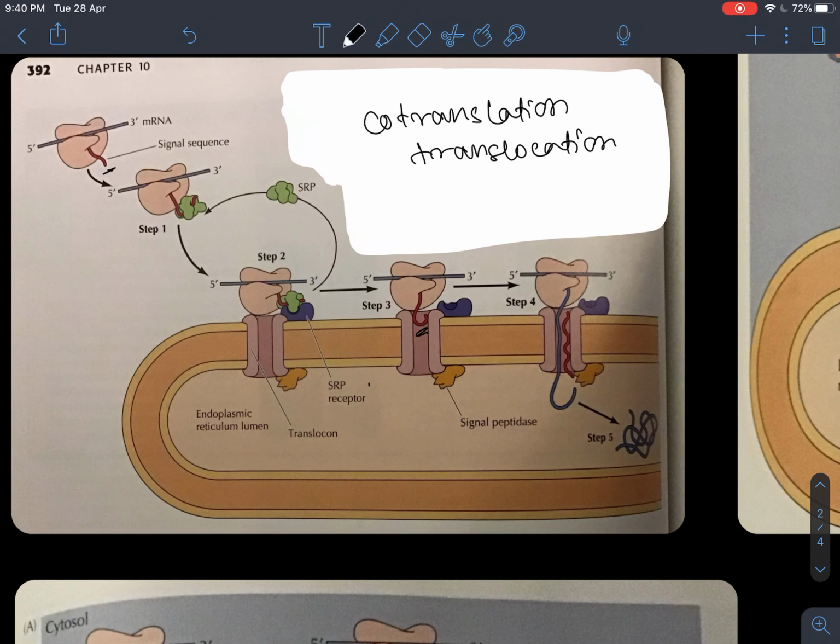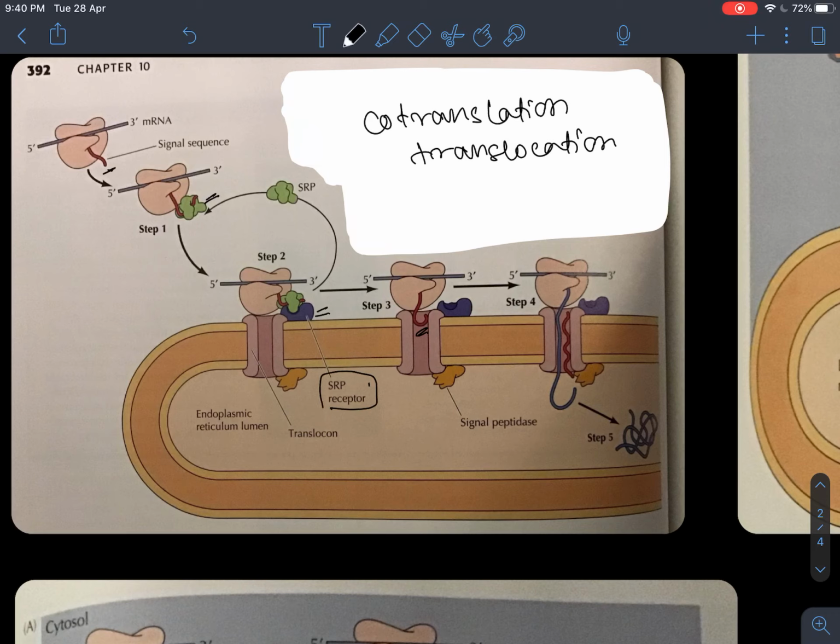First the signal sequence emerges from the ribosome, and as it emerges it is recognized and bound by the signal recognition particle. Now this SRP escorts the complex to the endoplasmic reticulum membrane, where it binds with the SRP receptor. This blue thing is the SRP receptor.